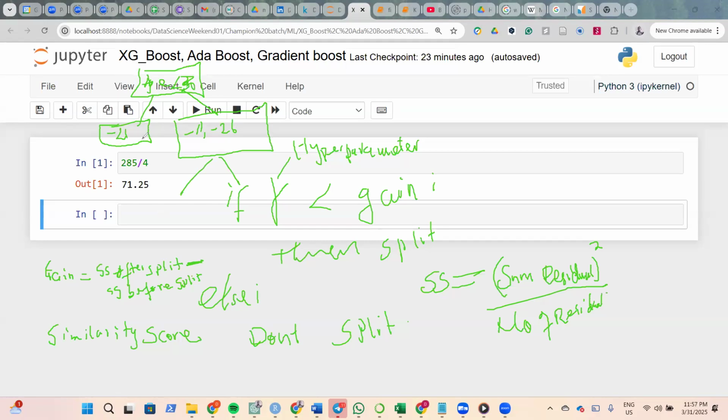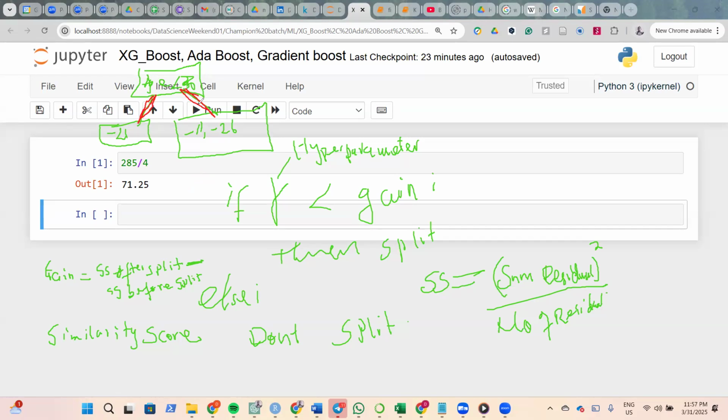You see there are two branches here, right? On this branch, the algorithm is going to ask, should I make a split again on this branch?